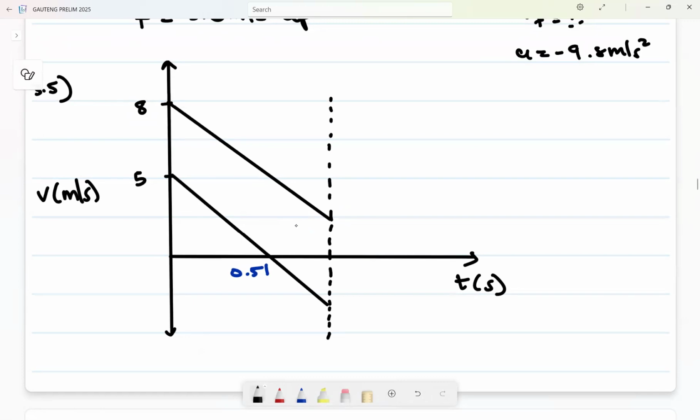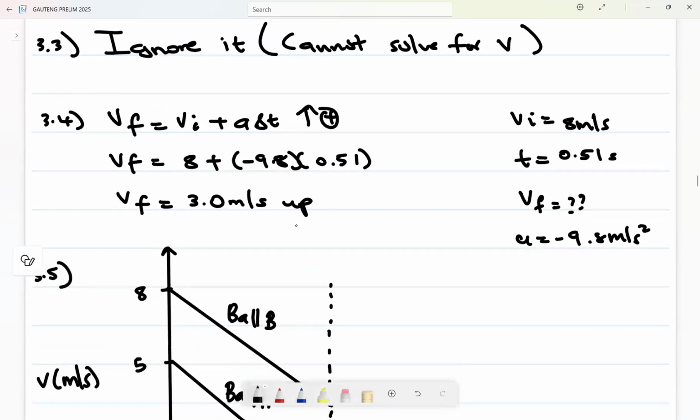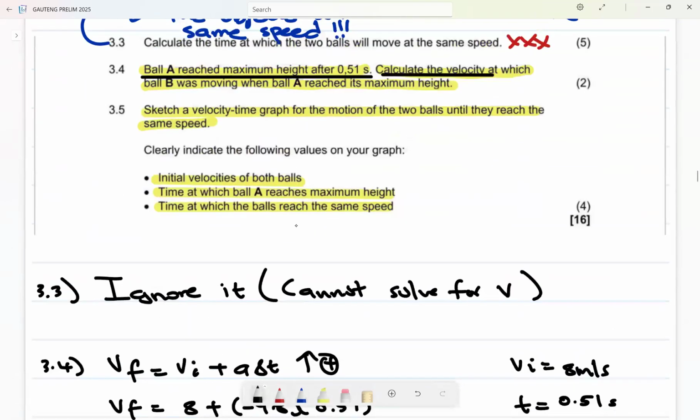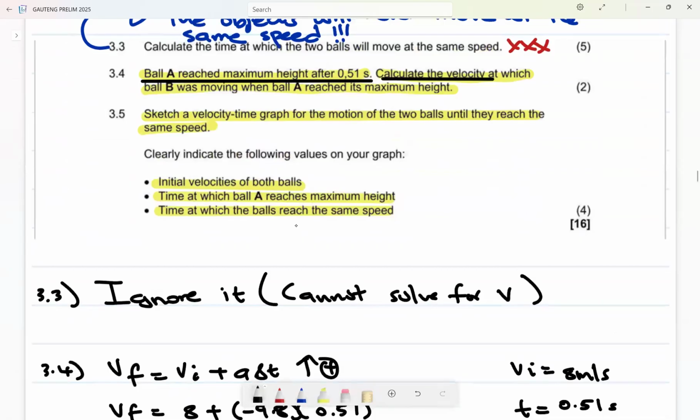Everything is just short, and it makes the answers not make sense. So this is ball A. This is ball B. One of the unfair question papers ever. Little known information. Everything was a little bit unfair.